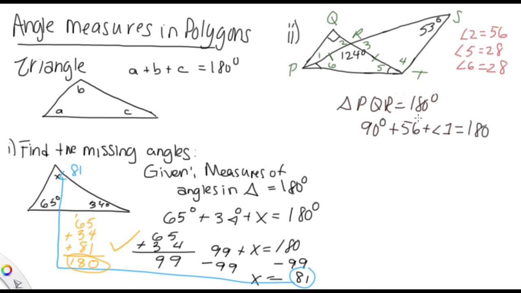So if we add 90 and 56, we get 146, plus angle 1 equals 180. To get angle 1 by itself, we subtract 146, subtract 146, and angle 1 equals 34 degrees.